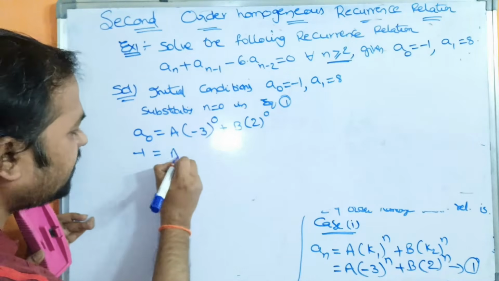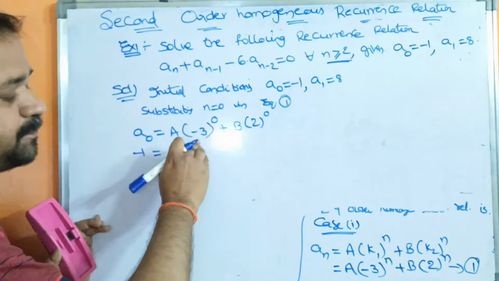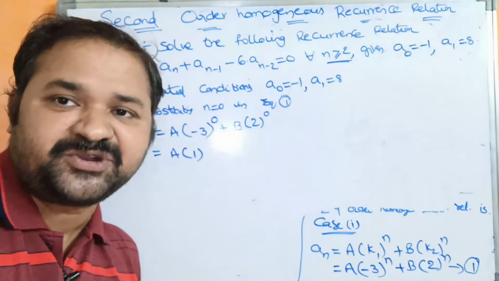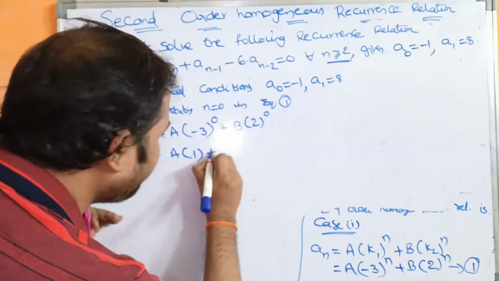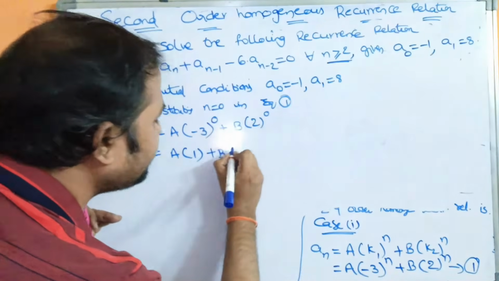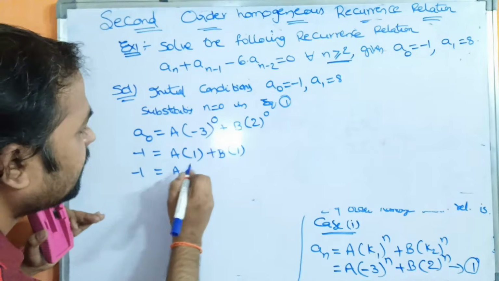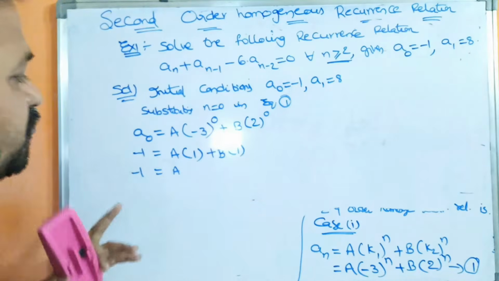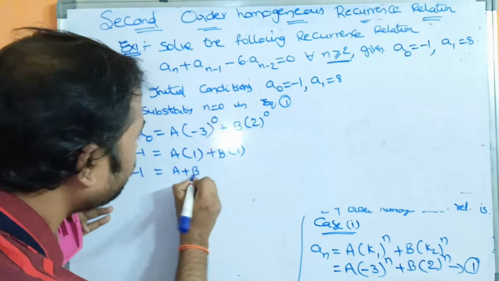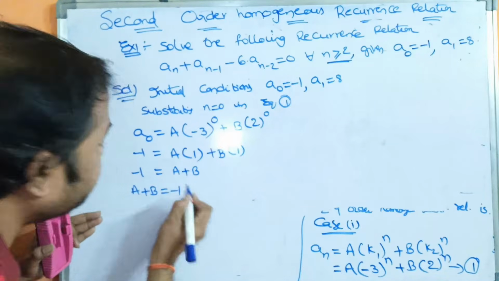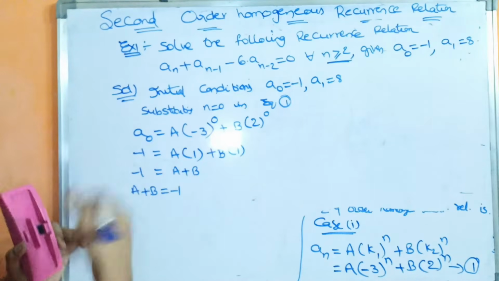So minus 1 is equal to a into anything power 0 is equal to 1. Why? Because we have a formula called a power 0 is equal to 1, plus b into anything power 0 is equal to 1. So we can write as minus 1 is equal to a into 1 plus b into 1. So we can write as a plus b is equal to minus 1. So this is the first equation.